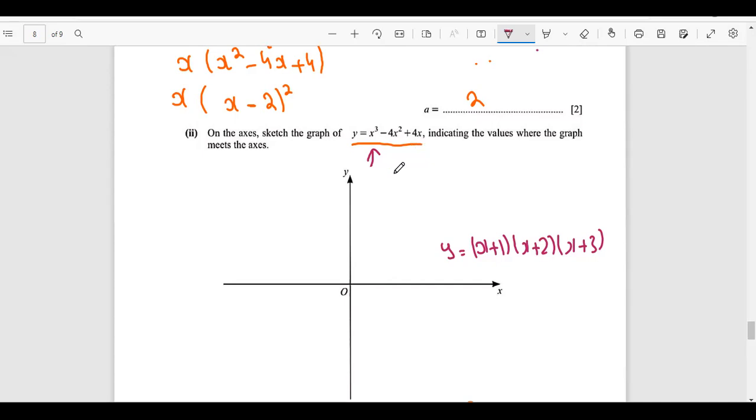Turhan, are you there? Okay, I'm not able to hear you. Anyways, very good, Salim. Your graph is correct.